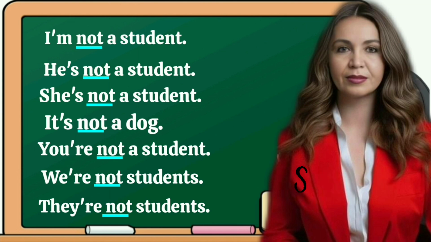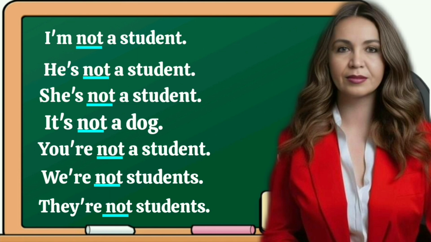But when I say I'm not a student, that means I'm something else. I'm a teacher. So notice here in this sentence we have first the subjective pronoun I am with the be verb and then followed by not. So in all these sentences, just look, it is the same pattern.